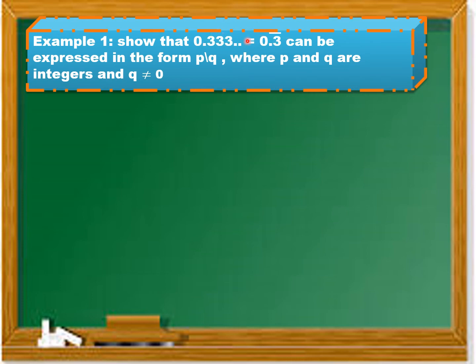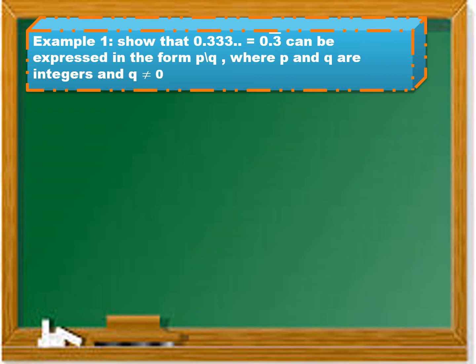What is the form p by q? Rational numbers are in the form p by q, so we are going to convert this to a rational number, where p and q are integers and q is not equal to 0. So the statement is saying that it is a rational number.